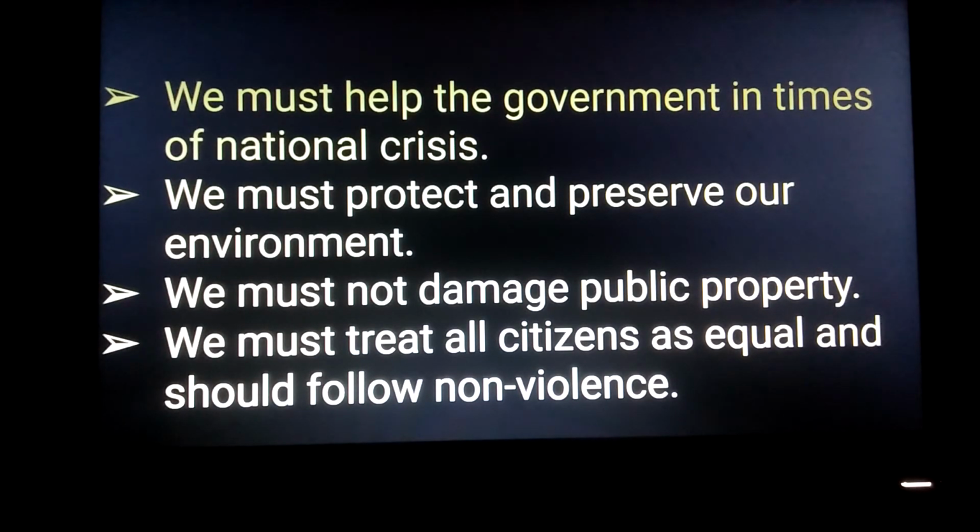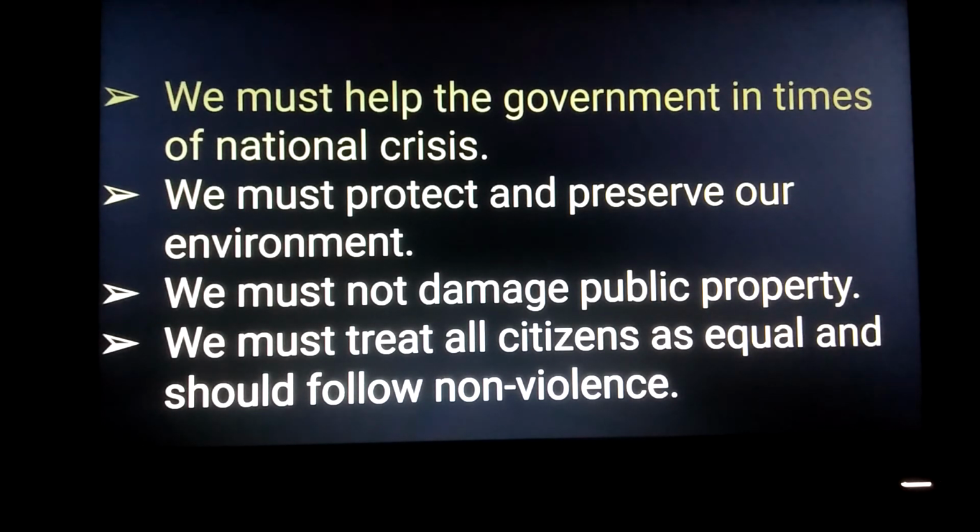Here, national crisis means at the time of floods, or you can say landslides or earthquake, and even now the corona has also become a national crisis, and the people are donating money for helping the poor people.